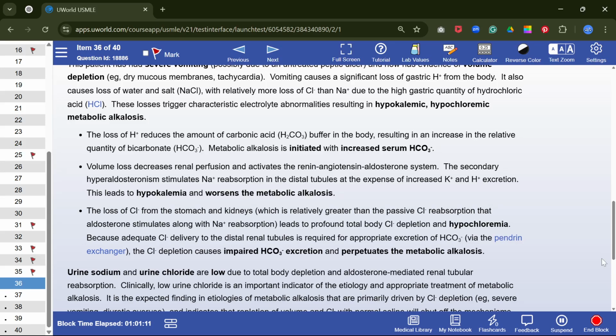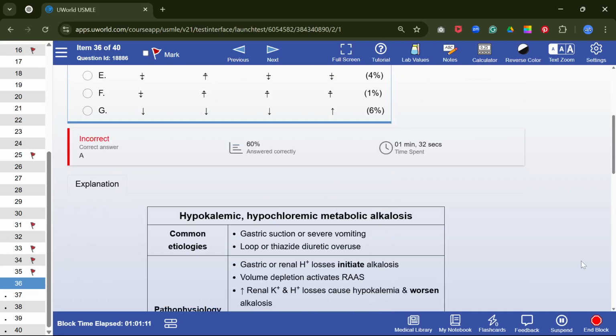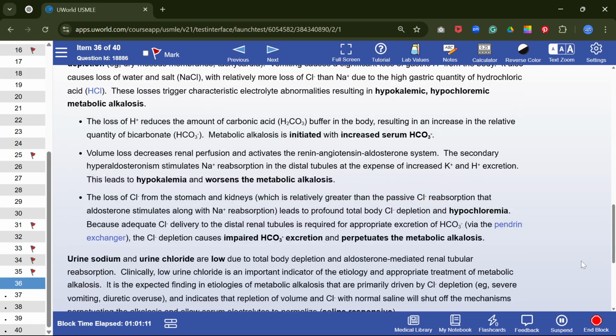Urine sodium and urine chloride may be low due to total body depletion and aldosterone-mediated renal tubular reabsorption. Clinically, low urine chloride is an important indicator of the etiology of metabolic alkalosis.